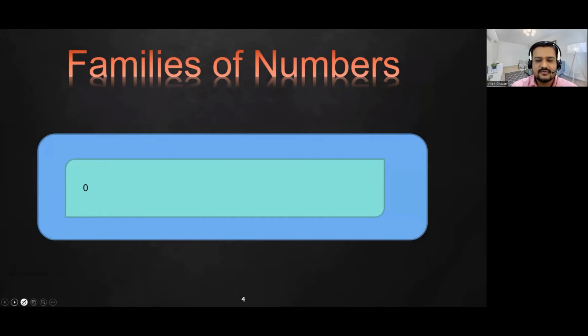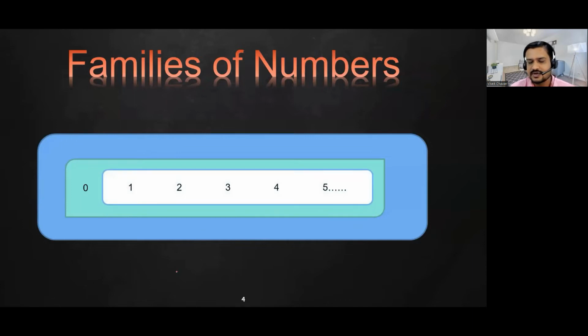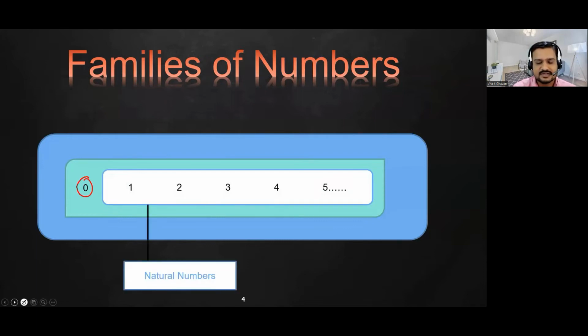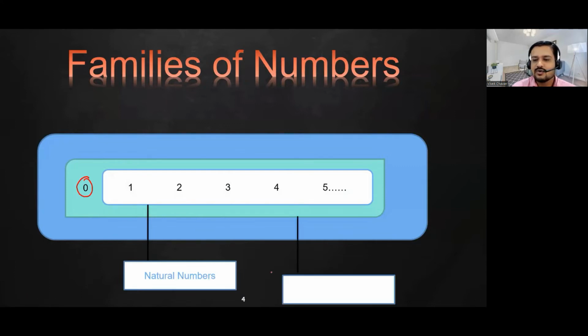Now we are adding a new member to the family of natural numbers, and the new family is formed. See, we have added 0 here, and we have added 0 to the family of natural numbers. So this new family is called as whole numbers. What is this new family called as?